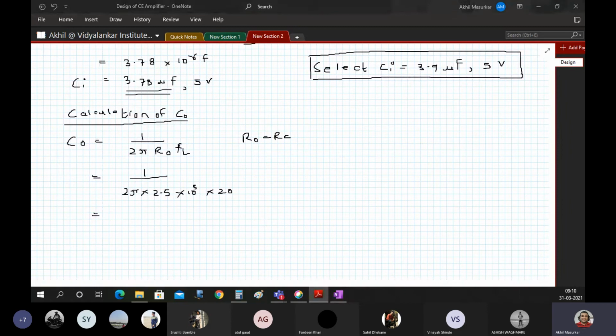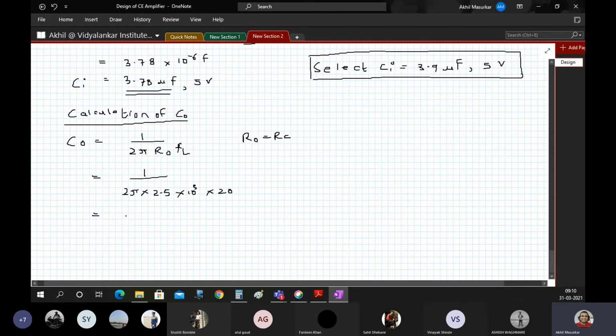Tell me. So okay, I am getting it as 3.18 microfarad, and the nearest standard value will be 3.3 microfarad.